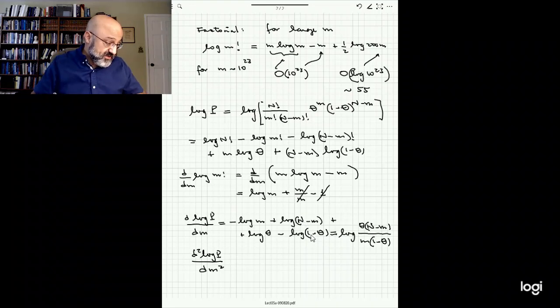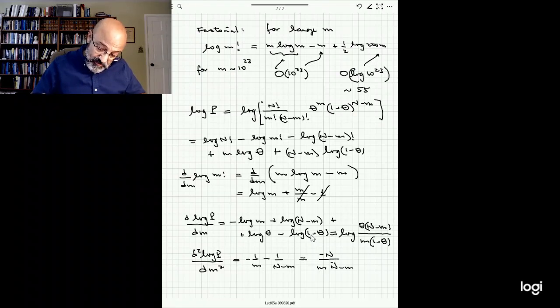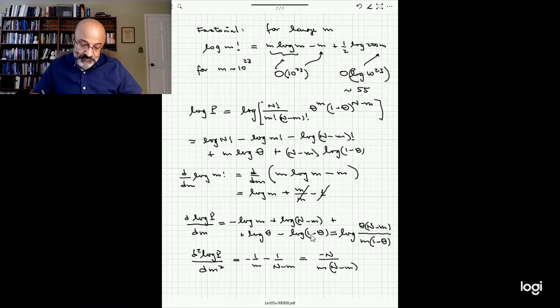And so that derivative is going to be minus 1 over m minus 1 over n minus m, which is the same as minus n over m times (n minus m).